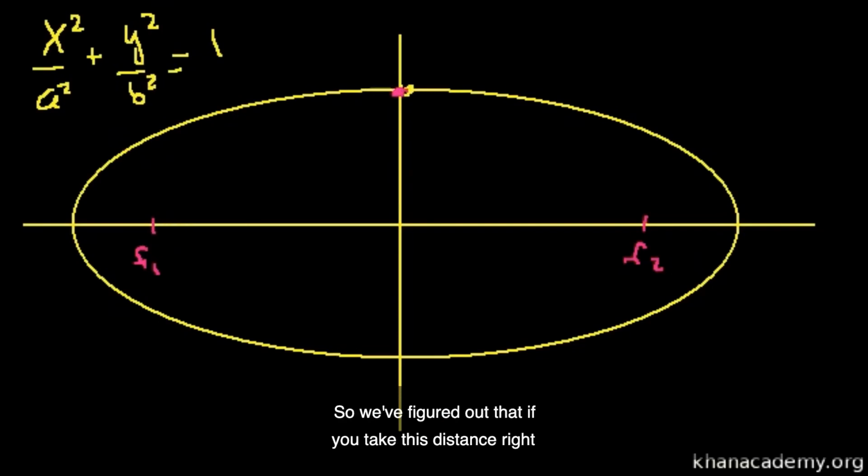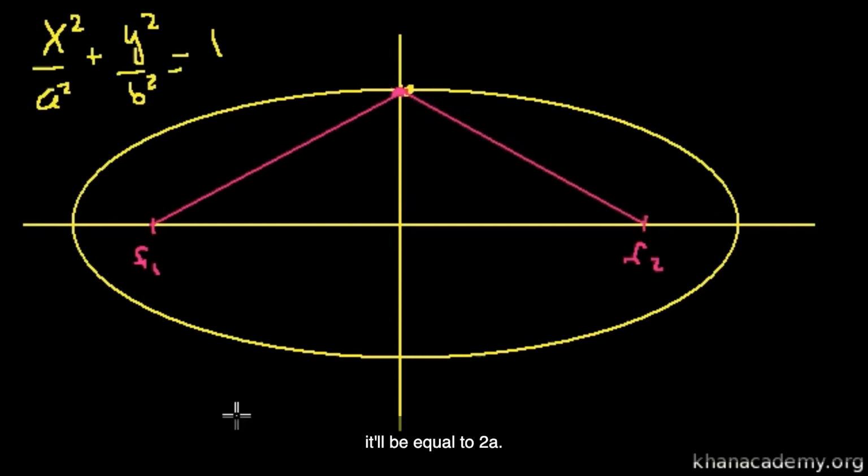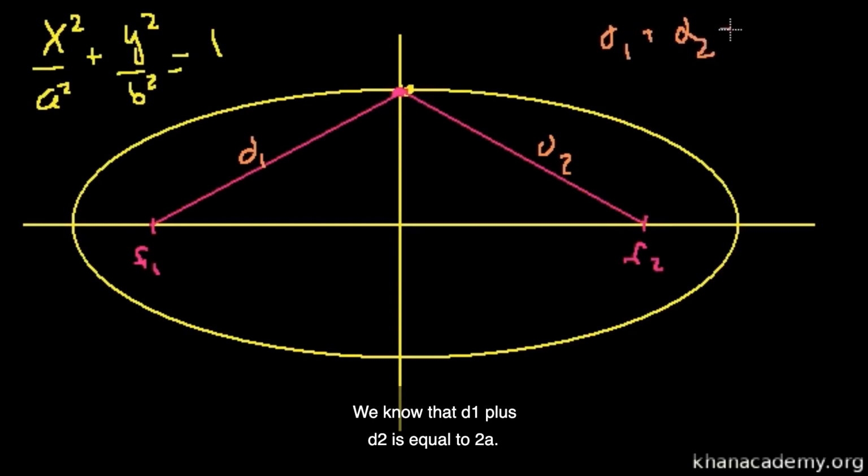So if you take this distance right here and add it to this distance right here, it'll be equal to 2a. So if we call this D1, this is D2, we know that D1 plus D2 is equal to 2a.